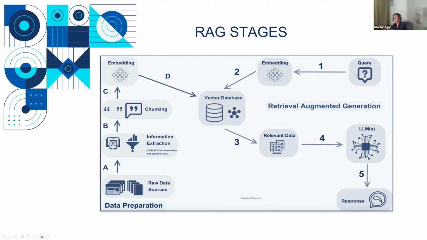Here we have the user query. This user query also needs to be translated and encoded into a mathematical representation, so it needs to be encoded into an embedding. Then the document embeddings have already been stored in the vector database. When we have the user embedding, the vector database is going to compare it with the stored document embeddings and find those pieces that are most semantically relevant.